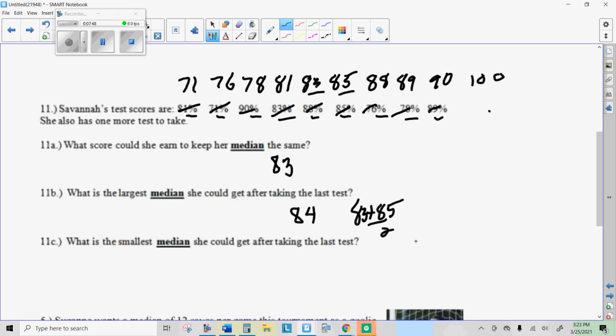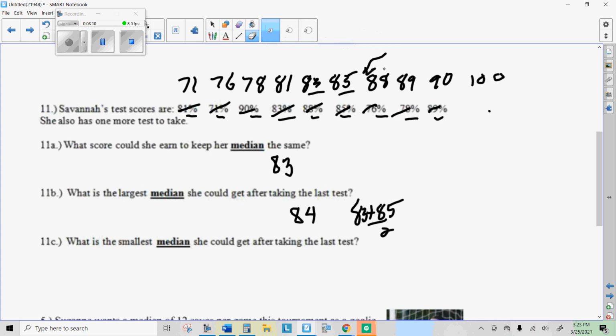Okay. Now she could put any score in here to create 85 and 83 as the middle 2 numbers, and she would end up with 84. So that is going to be as high as she can get, 84.